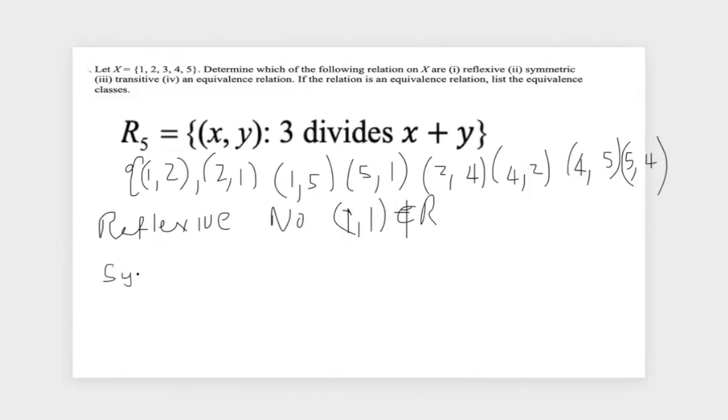Symmetric, in this case, yes, because we can see that if I go from 1 to 2, I'll go back from 2 to 1. Then if I go 1 to 5, I'll go back from 5 to 1. So each of them, when I go to a number, I return. So yes, and you have to state why you say yes. Is it transitive?